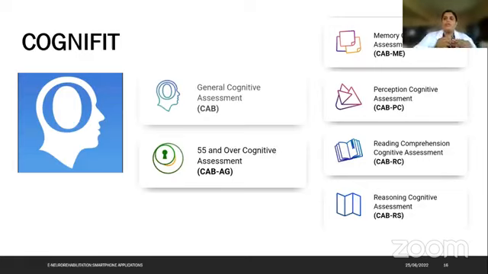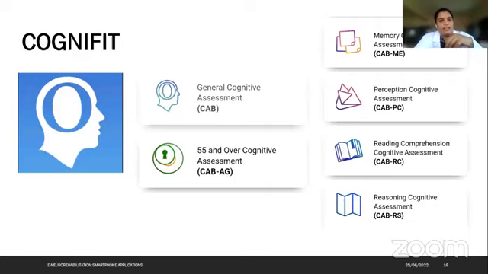In the same way, you have other locked versions. When you subscribe, then only you will be able to access them. We have other cognitive assessments divided into memory assessment, perception assessment. Here perception, basically visuospatial assessment, is assessed. Then you have reading comprehension assessment, reasoning assessment, and certain other higher executive functions.